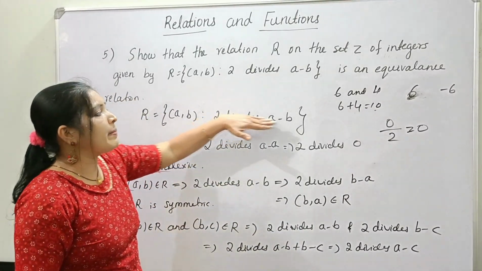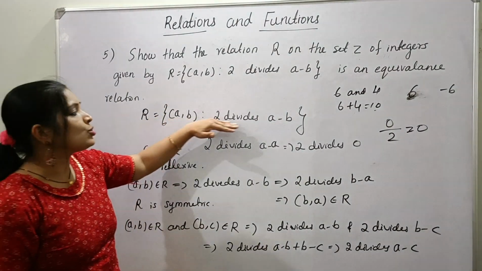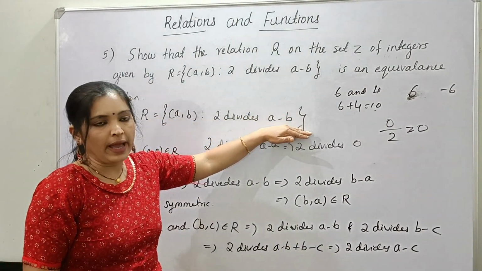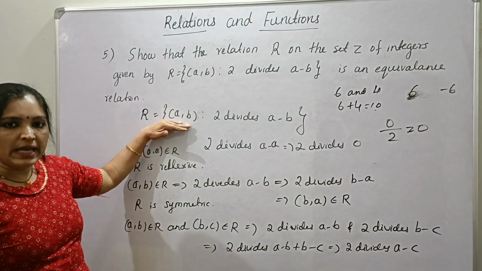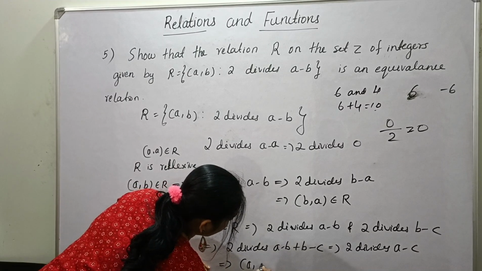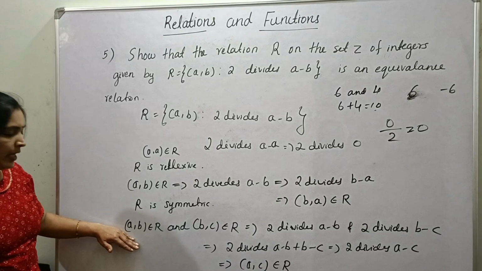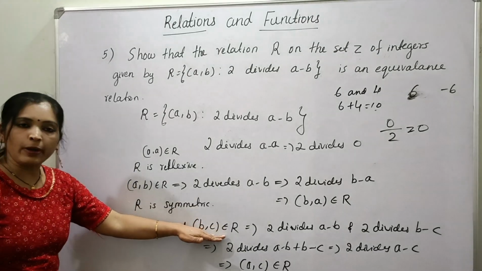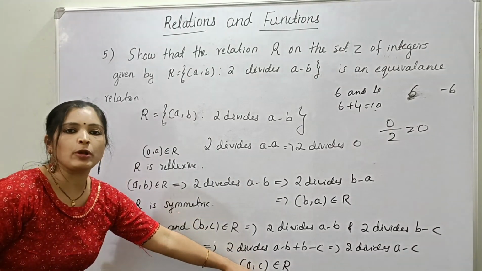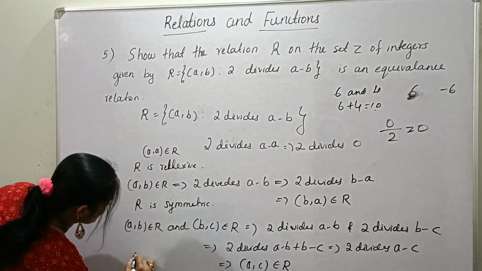So 2 divides a minus c implies the ordered pair (a, c) belongs to R. So we have got, ordered pair (a, b) belongs to R and (b, c) belongs to R, then (a, c) belongs to R. Therefore, this relation is transitive.